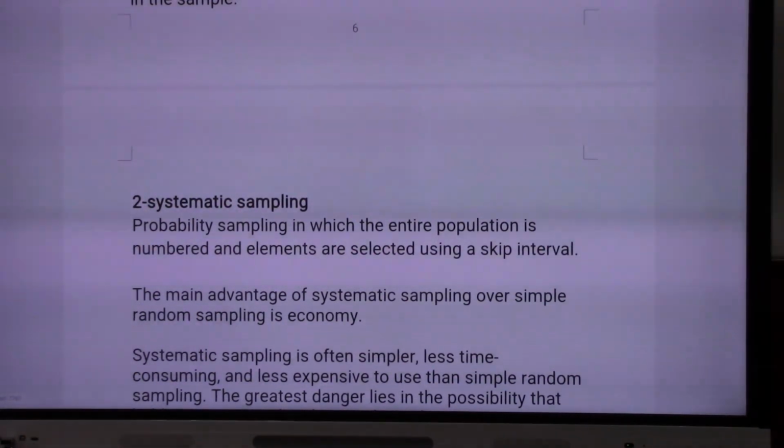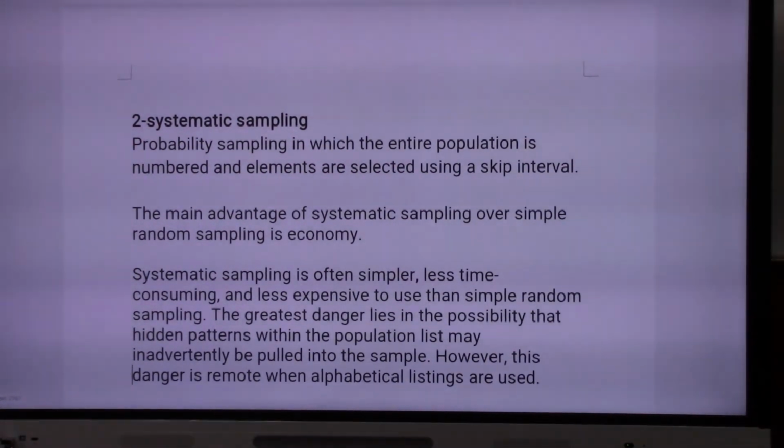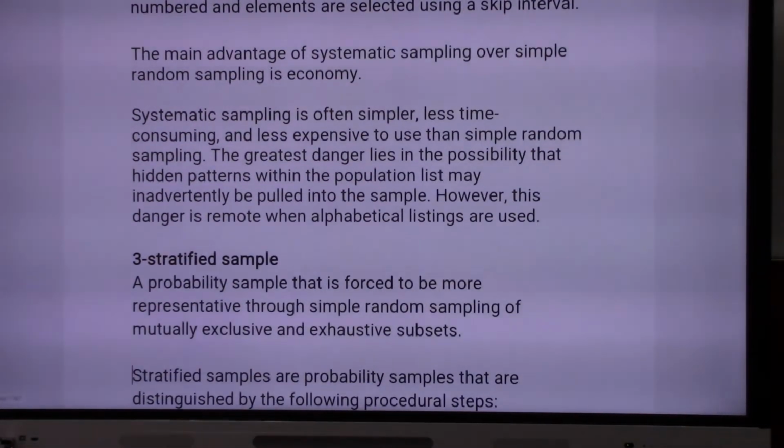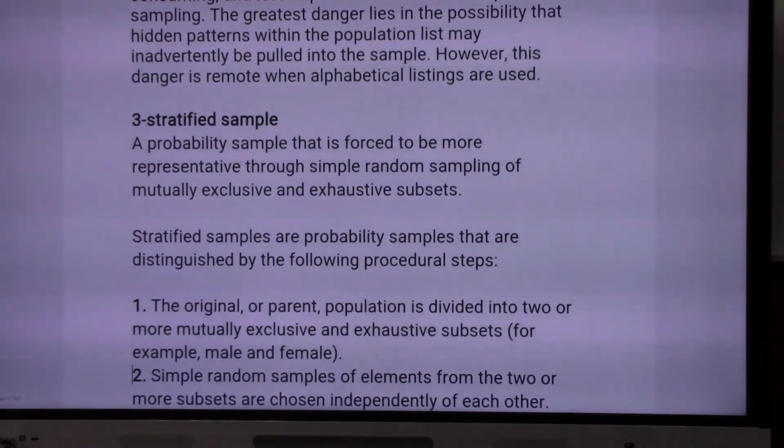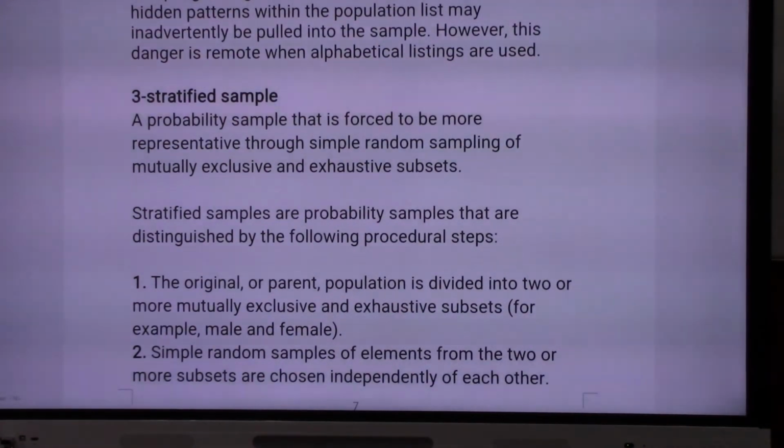The third type of probability sampling is stratified sample. It is a probability sample that is forced to be more representative through simple random sampling of mutually exclusive and exhaustive subsets.